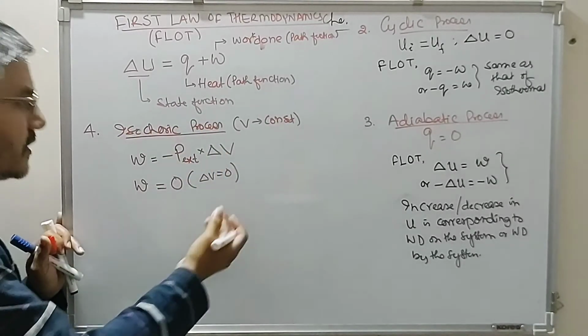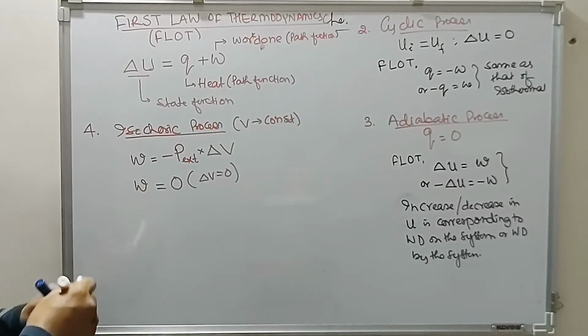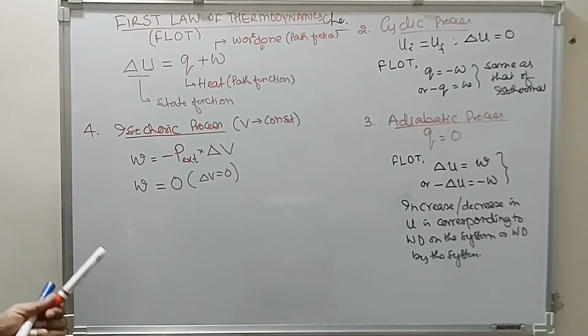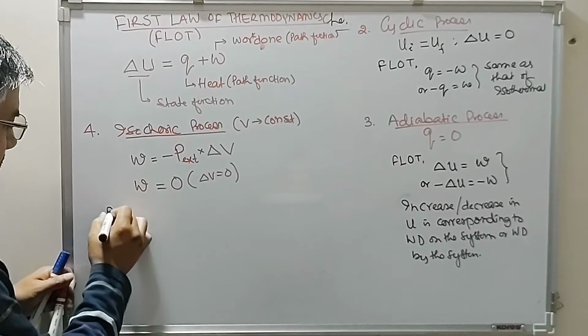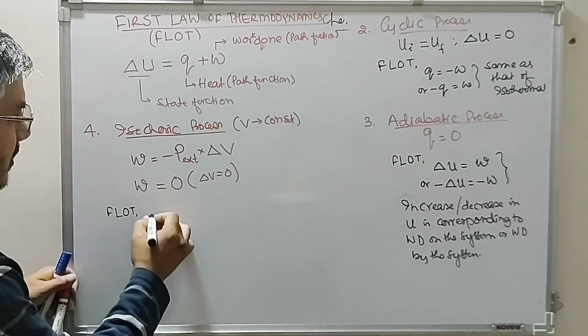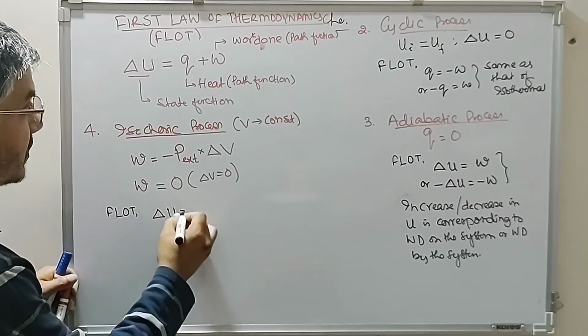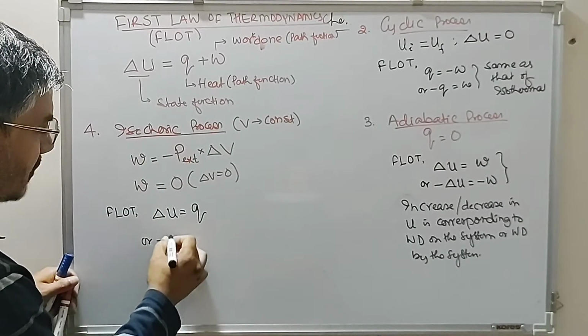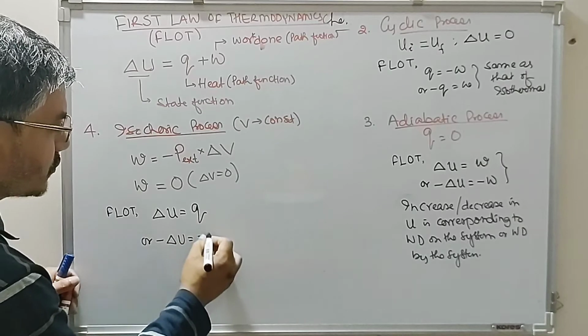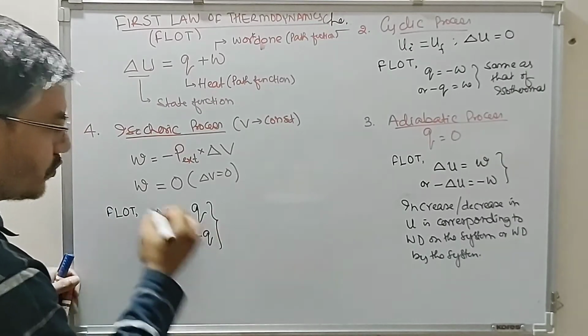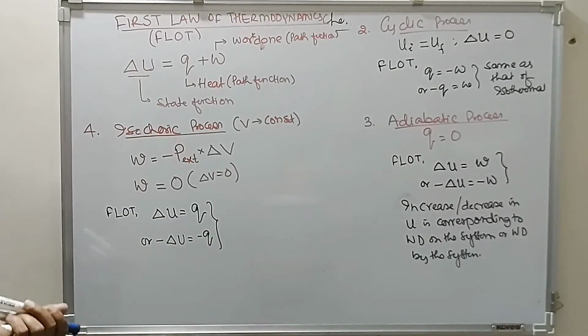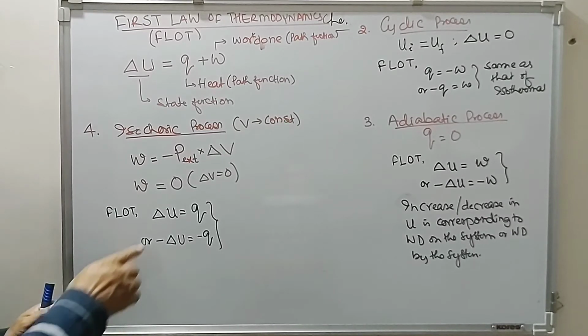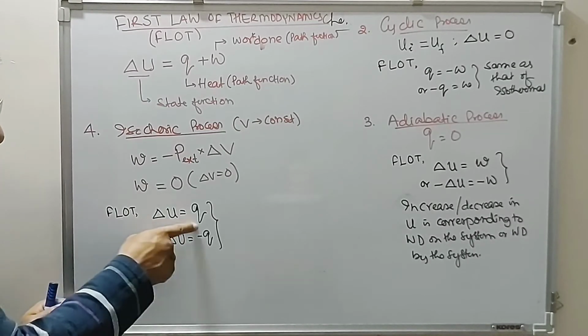So, if work done is 0, then from the First Law of Thermodynamics, we have delta U is equal to Q, or we can say minus delta U is equal to minus Q. So again, look at this statement very carefully. Delta U is positive, Q is positive.